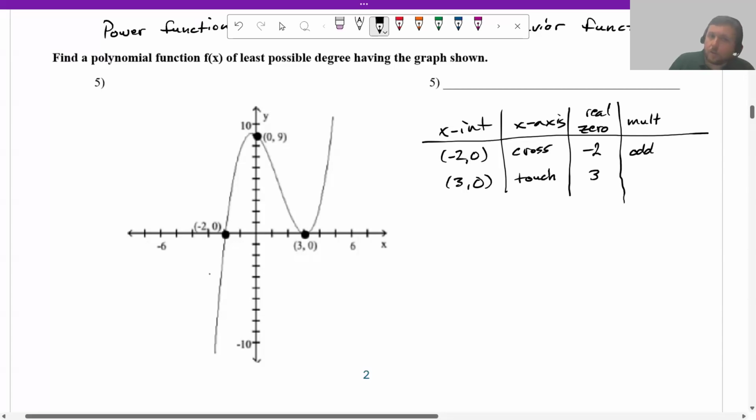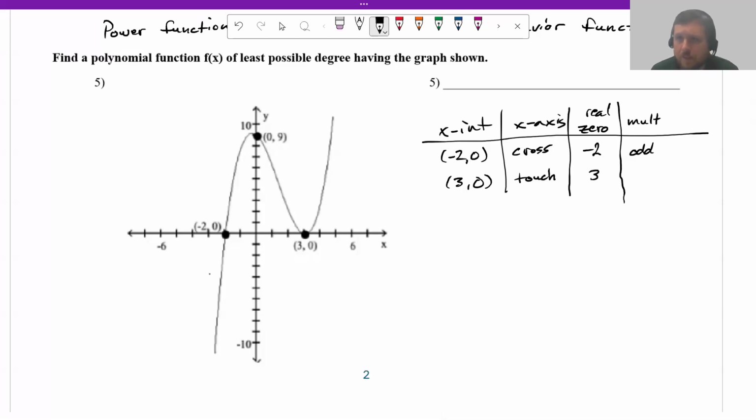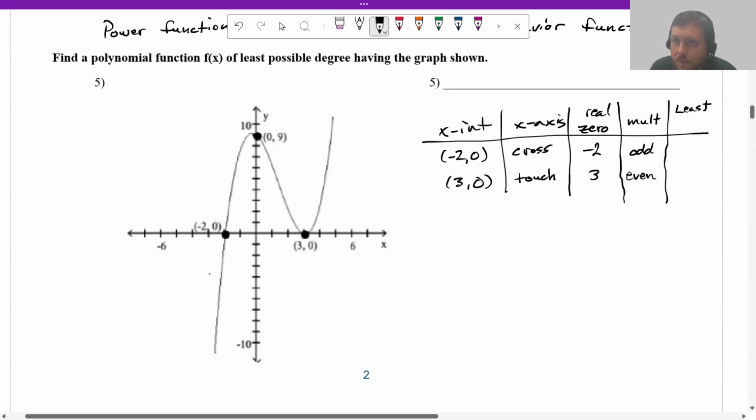You can also look at the shape that the graph is taking on near that x-intercept, and that can help motivate what the multiplicity might be if you can identify a shape out of that. All right, so since it's touching at 3, then we would say it's even. So the least odd multiplicity would be 1, the least even multiplicity would be 2.